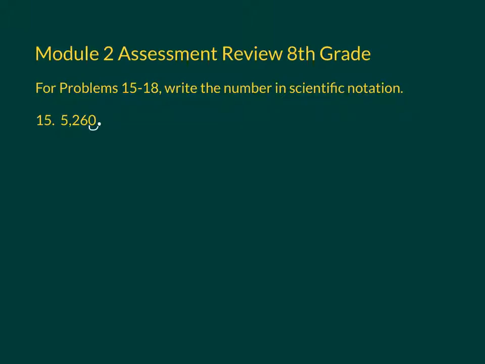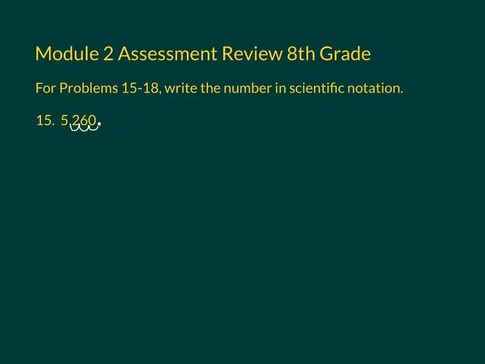If we left the decimal there, it would be 526. That's not between 1 and 10. One more place, the number would be 52.6. It wouldn't be 2.6. You can't just look at the two numbers around the decimal. You have to look at all the numbers. So that would be 52.6, which is not between 1 and 10.